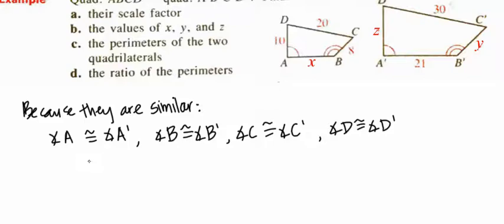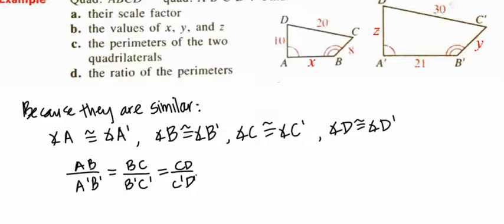We can also say that AB to A prime B prime is equal to BC to B prime C prime, which is equal to CD to C prime D prime, which equals DA to D prime A prime.